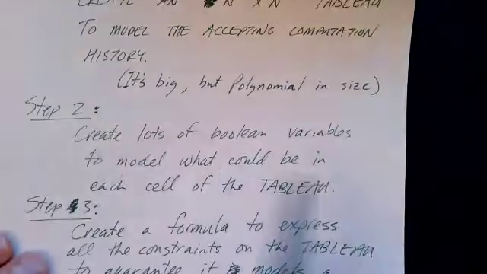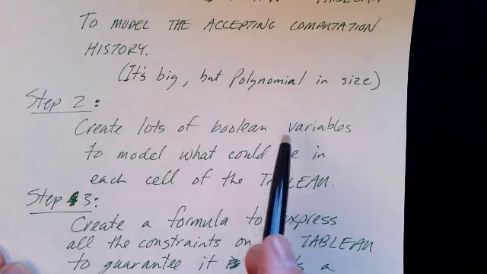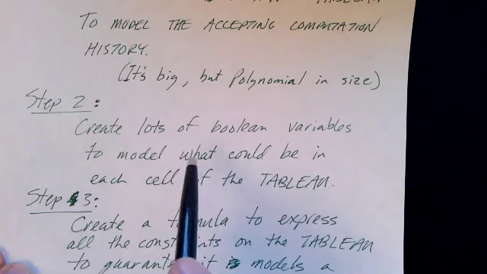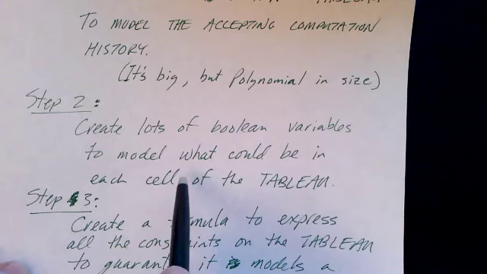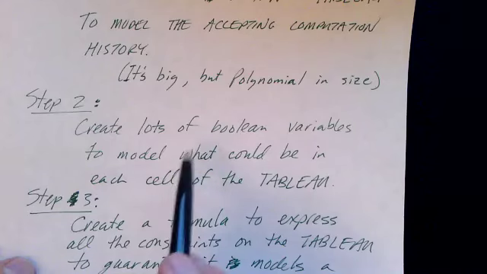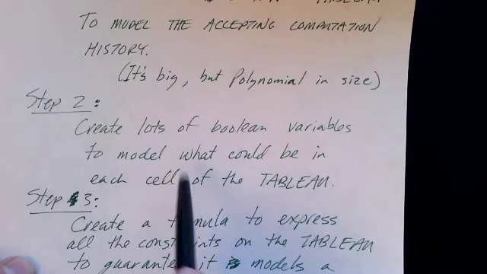Now, we're going to imagine this table, and we're going to create a lot of Boolean variables to model what this table could look like. This table is filled with cells, and the cells may contain something or something else. We're going to create Boolean variables to model what could potentially be in each cell of this big table.